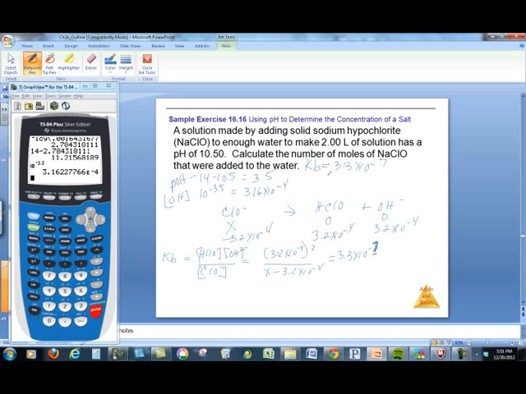Alright, so I end up with 3.2 times 10 to the minus 4. Let's figure out what that is squared. Actually, I can just pick it up.